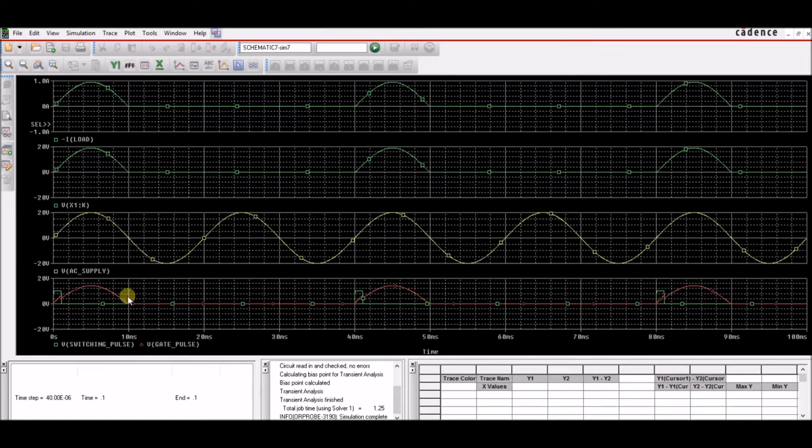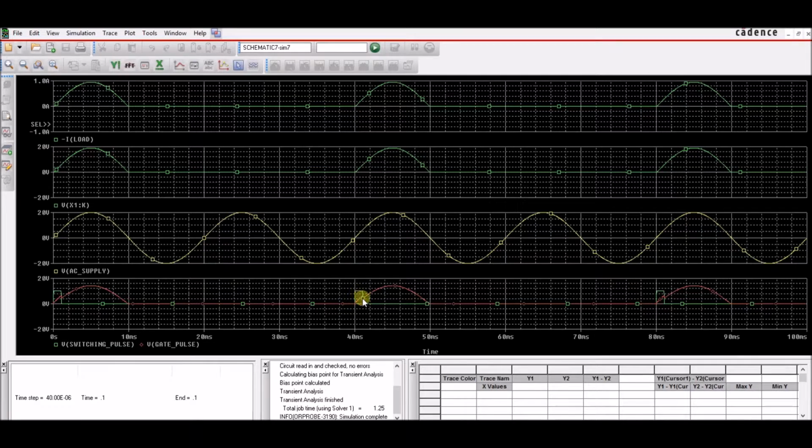At the 0 points, your SCR stops conducting, and then the negative part starts, and again a positive part starts. But still, since it has been already reset, there is no conduction at all at this point, until and unless your second gate pulse comes to trigger the whole system in place.